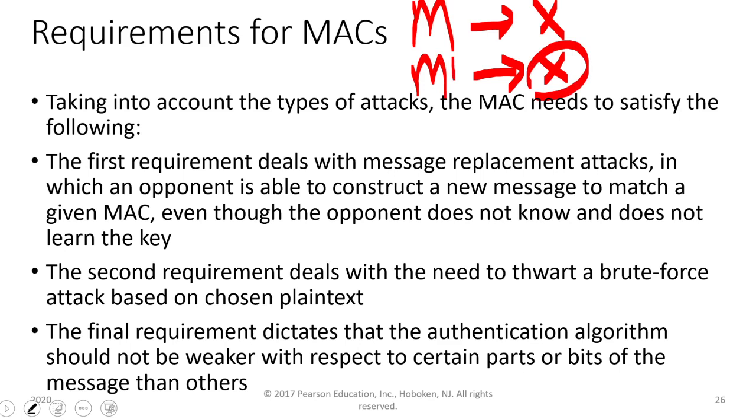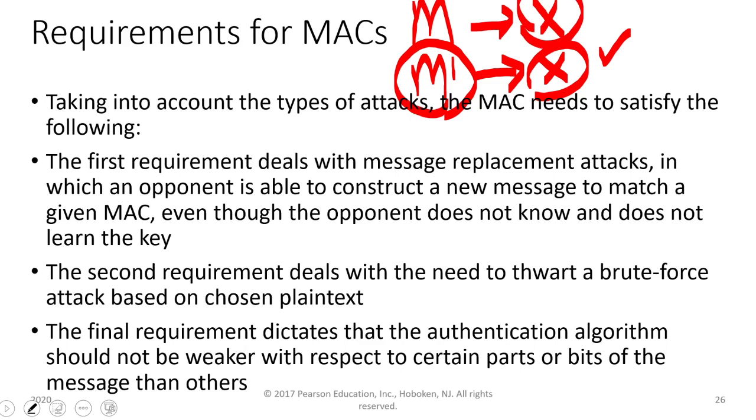That is what we identify as a message replacement attack. We can replace the message, but the same message authentication code would work. So that is a problem. Even though the opponent doesn't know the key, so they are not relying on the secret key, they try out various messages and key combinations until they come up with this message authentication code.